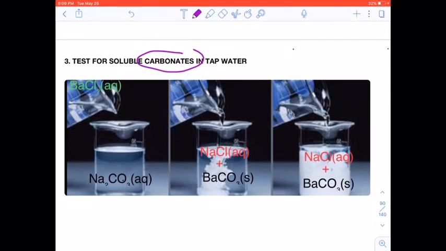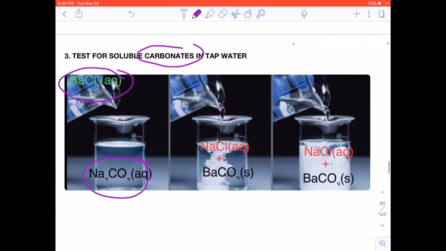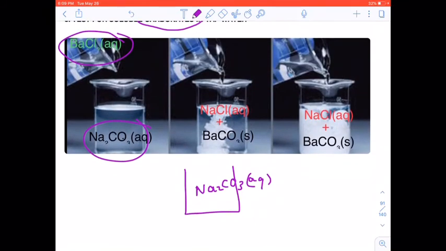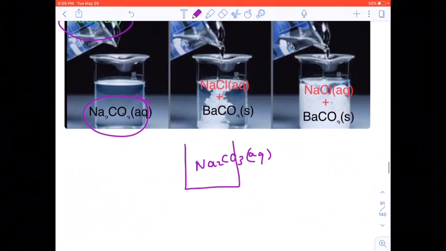Okay, if we look at carbonate now, what happens here? We got barium chloride added to sodium carbonate. So let's say we have our tap water again, and in the tap water we got some carbonate, Na2CO3. Right, that's our tap water, and we want to know whether we've got a carbonate. So what do we do? We add barium chloride to it, as you can see.